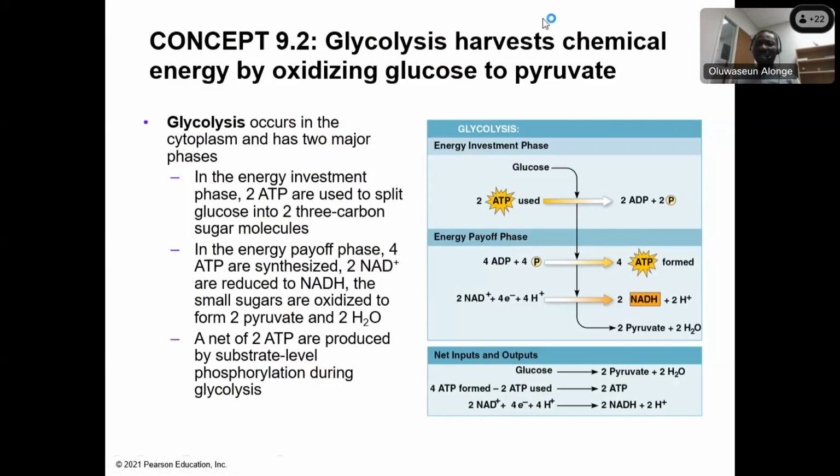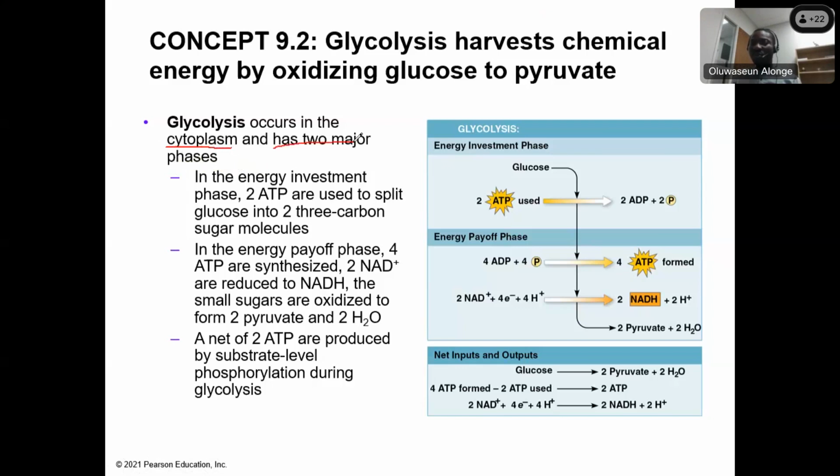And like I told you earlier, it does not require energy, ATP. Since it does not require ATP, it can happen in the cytoplasm. If it requires ATP, it has to happen in the mitochondria. But this does not require ATP, so it happens in the cytoplasm.